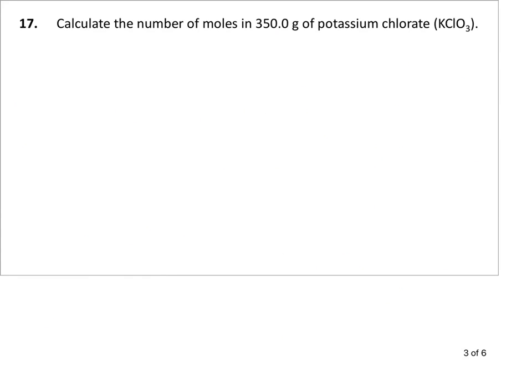Number 17, we've got 350.0 grams of the potassium chlorate, and again we're going to moles. So first, finding our average atomic mass, we've got potassium, chlorine, oxygen.